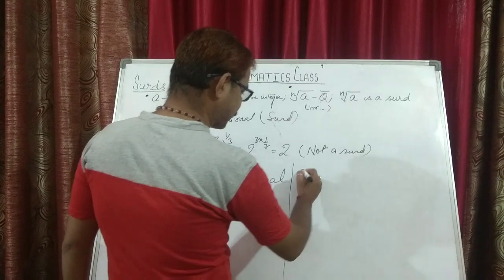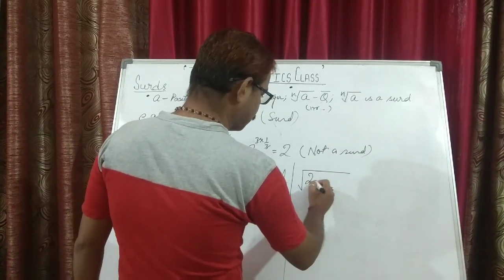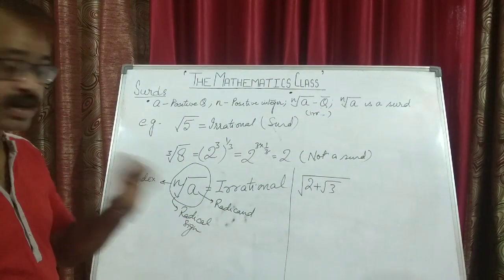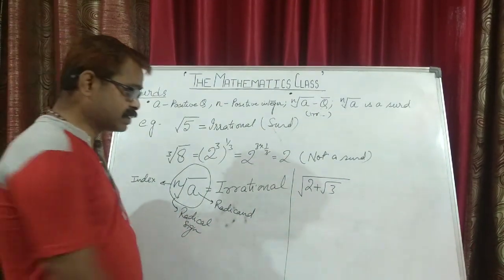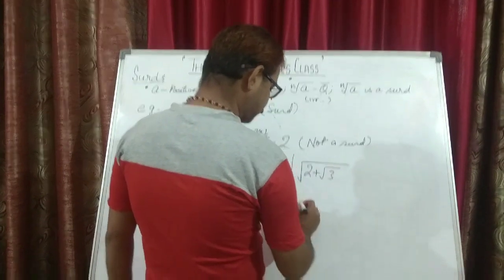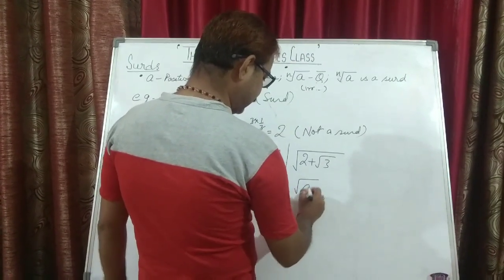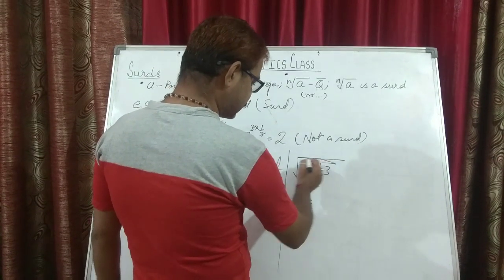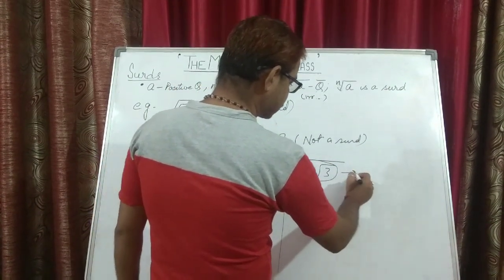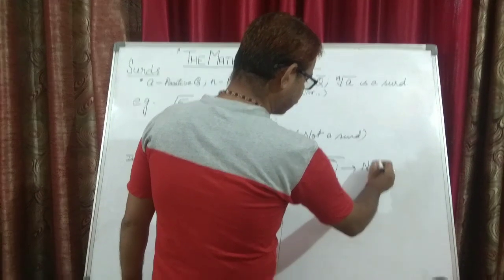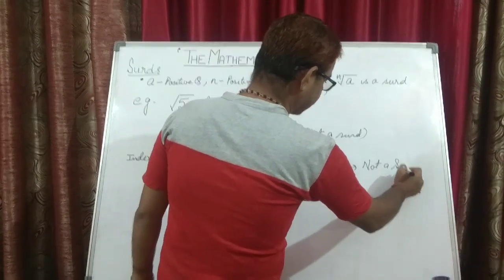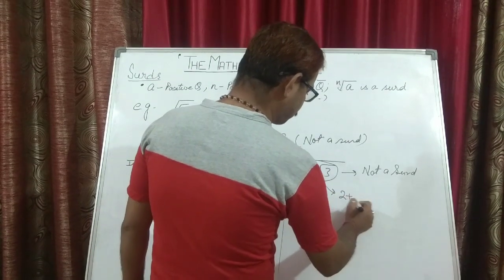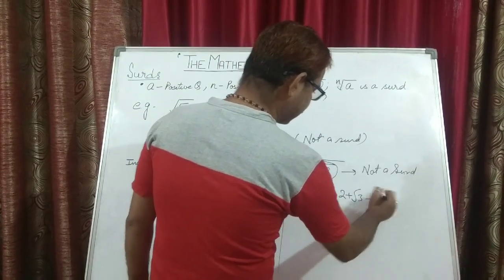Suppose I say under root 2 plus under root 3 is an irrational number. Suppose I compare it with A. So A would have been what? A rational number, but here it is an irrational number. So this is again not a surd. Even when you talk about only 2 plus root 3, this is again irrational.